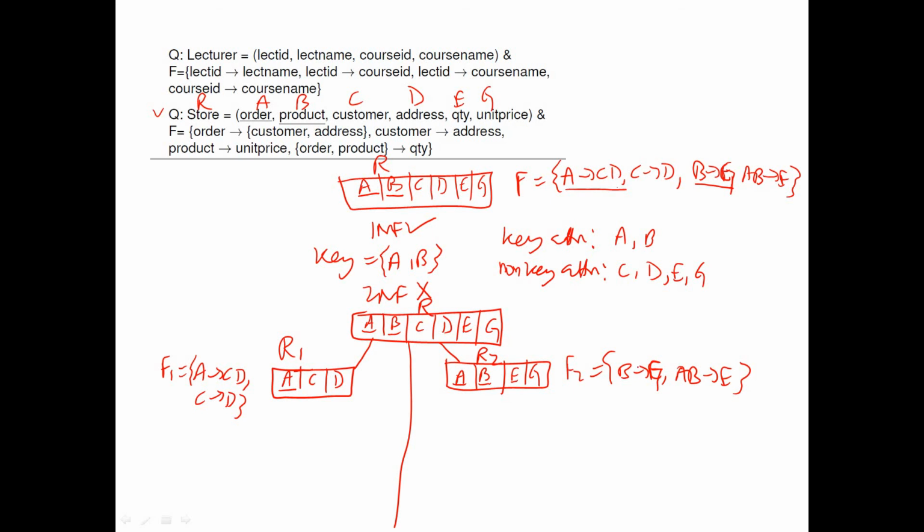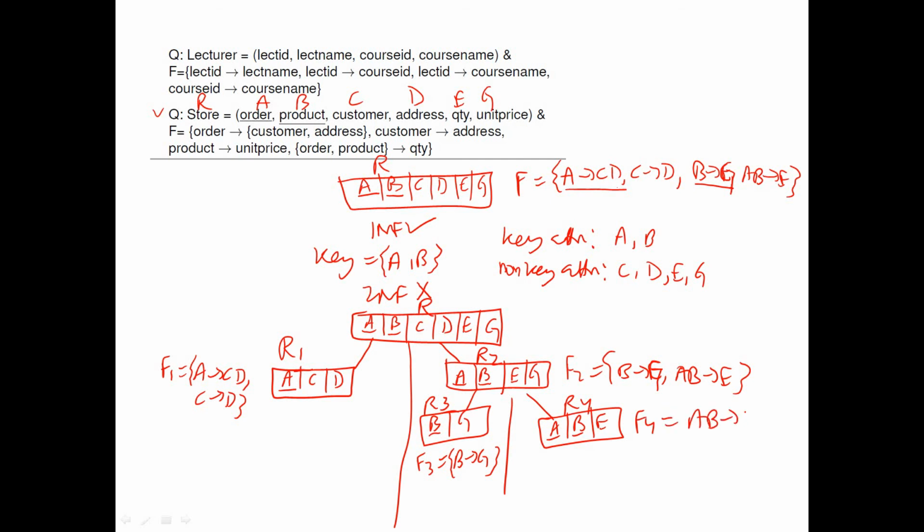Again B to G. This G is depending only on the B. That is not depending on the AB combination. That's why B to G has to be separated out. This is R3. B to G is separated out. My F3 will be B determines G, and R4 contains A, B and E. Here my F4 I'll get as AB to E.